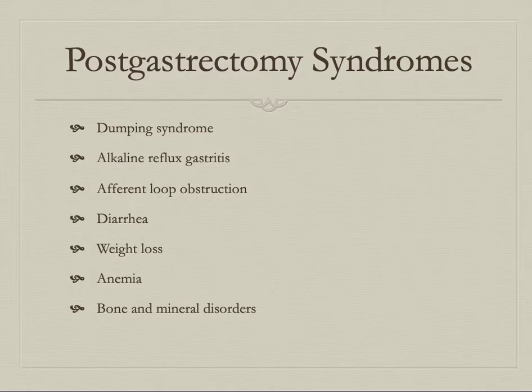Afferent loop obstruction. In a lot of these surgeries, there's a little piece of the intestine that is what we call a blind pouch. Because we'll attach the little piece of the stomach that's left, because they usually leave one little section of it, and they attach that to a spot further down on the intestine.